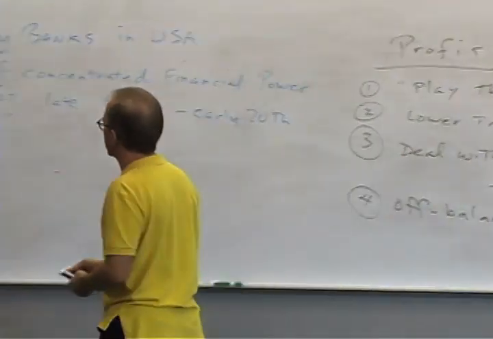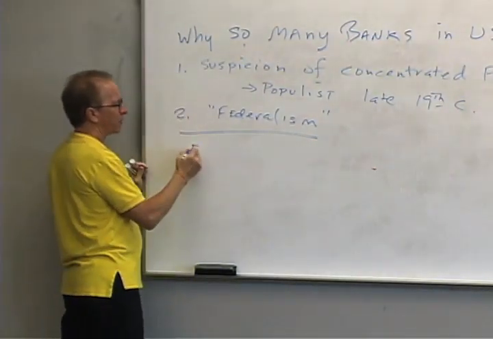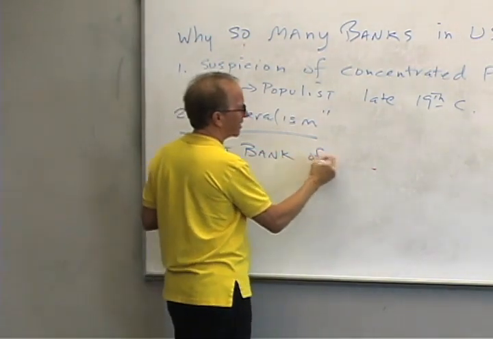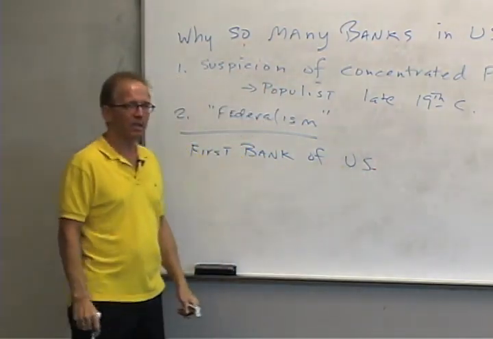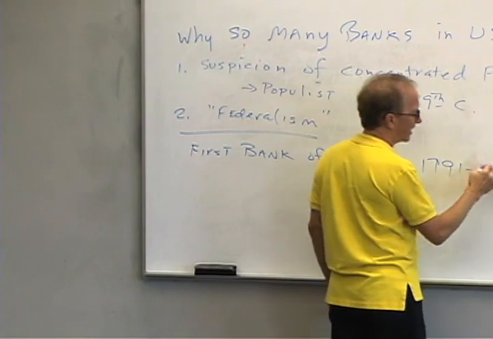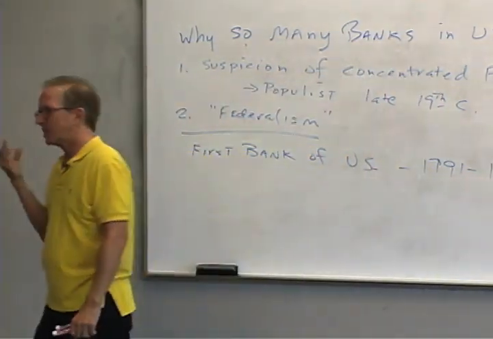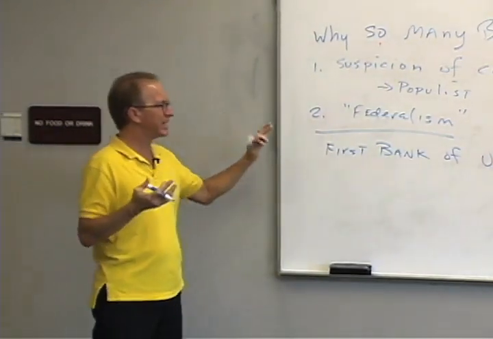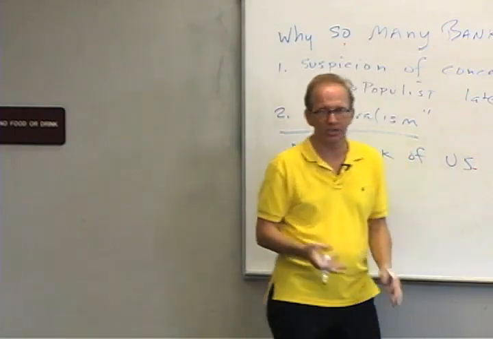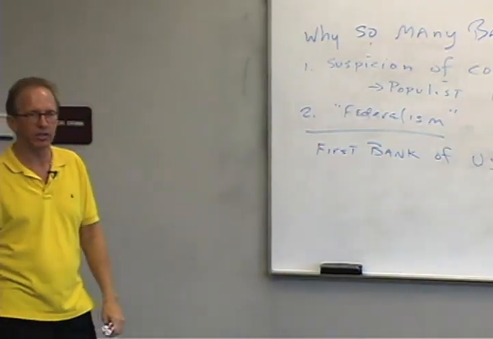Now, a little bit more history that'll kind of get us to this. We had the first Bank of the United States, 1791 through 1811, had a 20-year charter. Okay, so let me back up. We've already got, at this point in 1791, we've already got some banks that are being chartered by states, chartered or licenses from states.